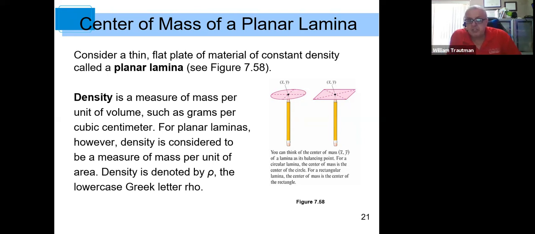If you notice, different shapes, and the question is on these planes, where is the center of mass? Where can you put a pencil on it and it will be balanced?